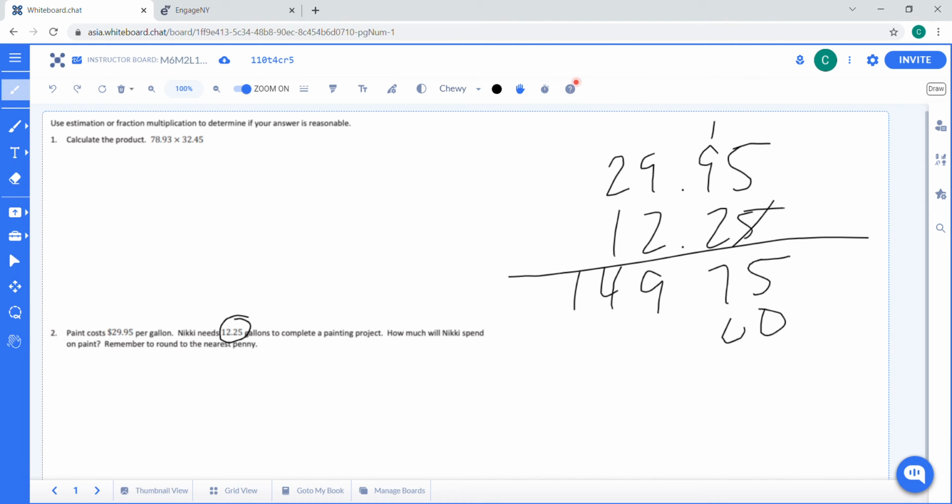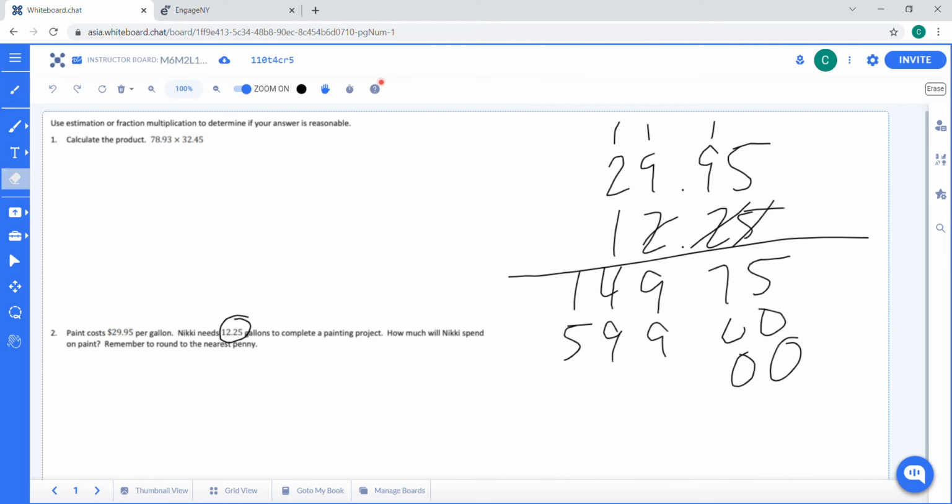That's 10, 18, 19. 2 times 9 is 18, plus 1 is another 19. 2 times 2 is 4, plus 1 is 5. Done with that, put another placeholder. Oh, I didn't do that yet. I wanted to mark these off.